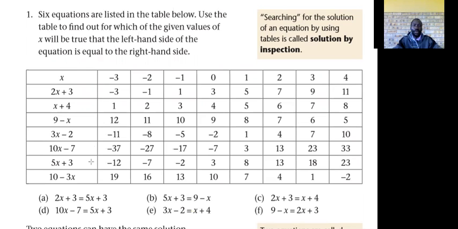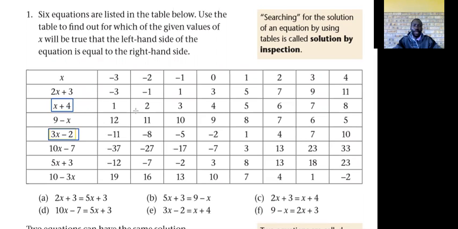Let's just draw. Activity E is this: 3x minus 2 right here. Blue is fine, yes. So this is what we are dealing with. Then x plus 4 right here.